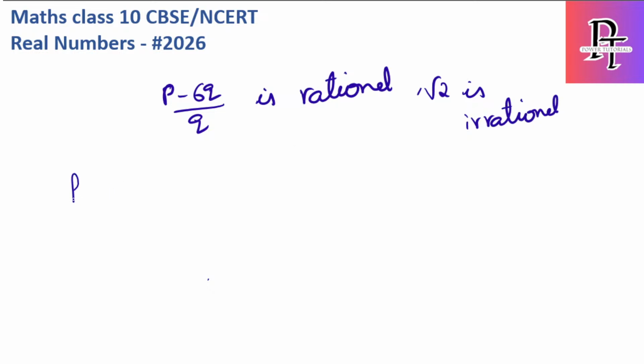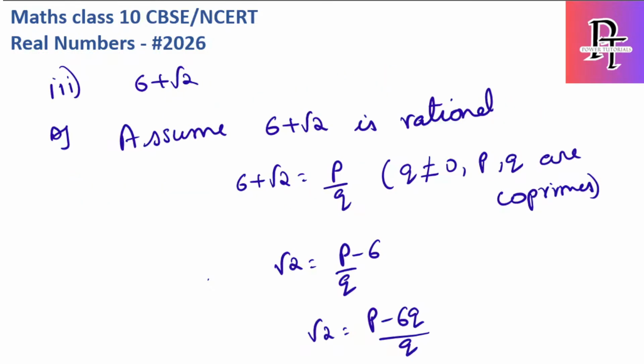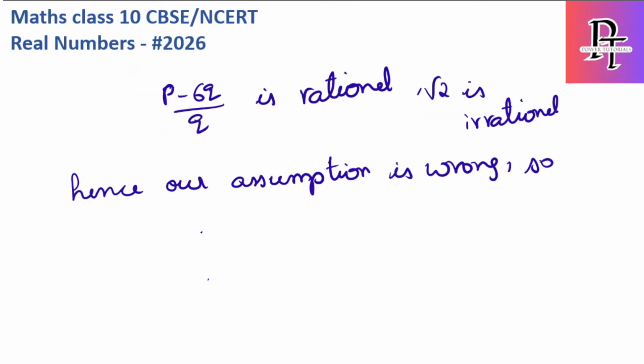Hence our assumption is wrong. So 6 plus root 2 is irrational.